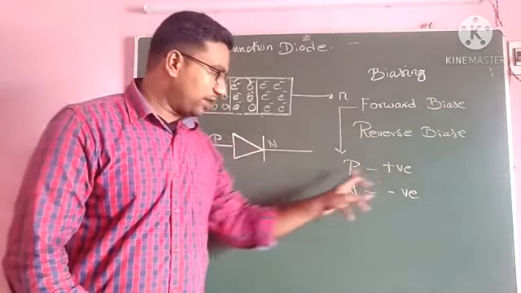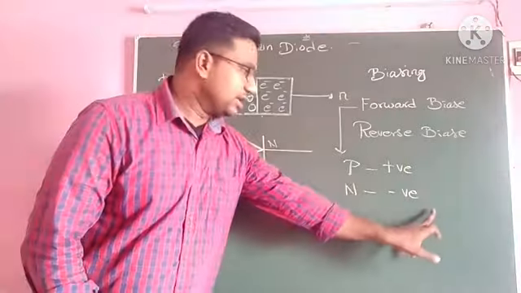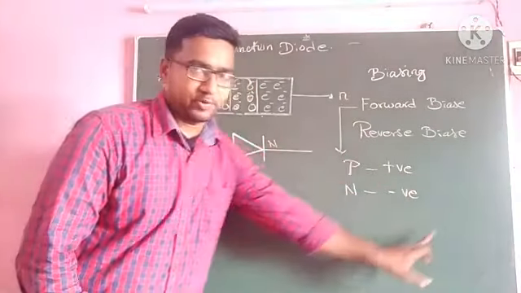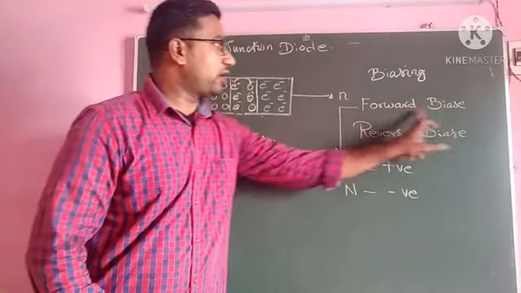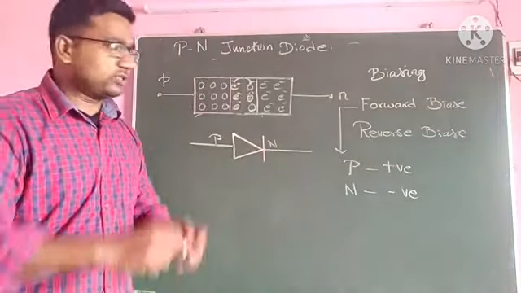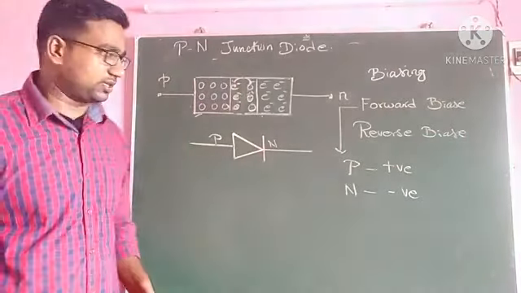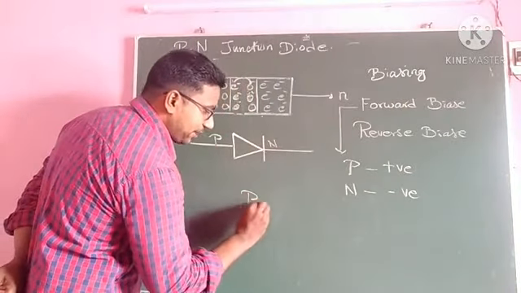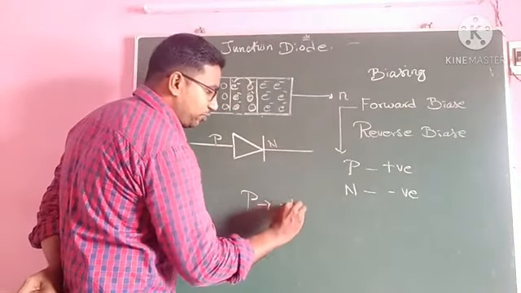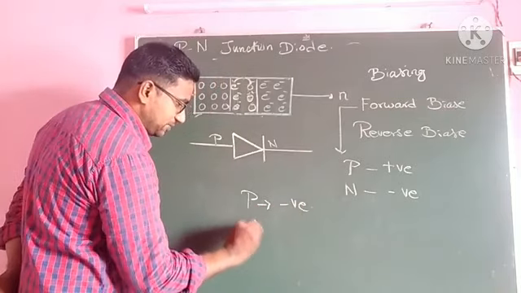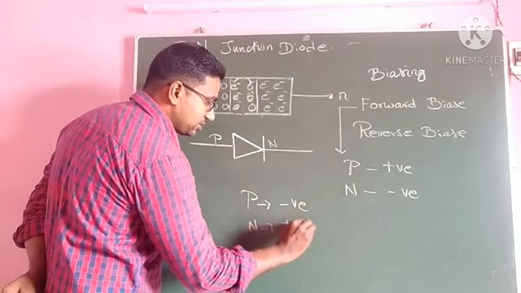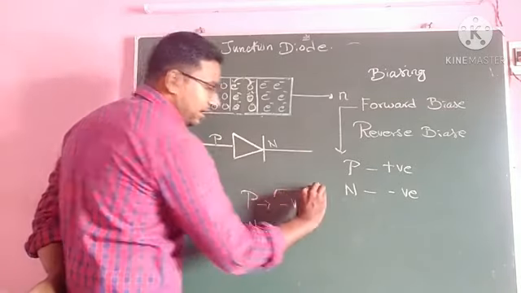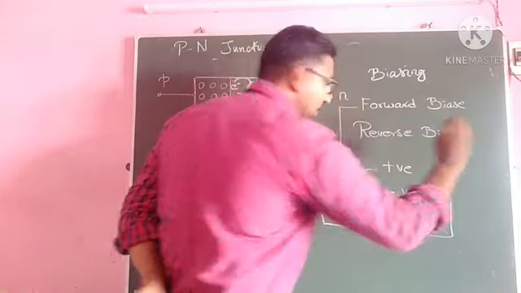This type of polarity is called forward bias. In reverse bias, the P-type semiconductor has the negative potential and the N-type semiconductor has the positive potential. This type of biasing is called reverse bias.